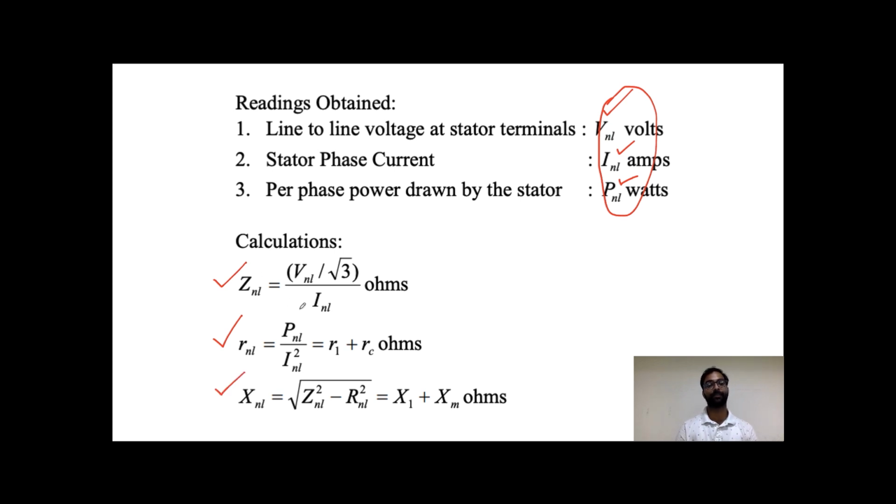We will see here. As we all know, impedance Z is equal to V by I. Since we are talking about the no load, we will take all the values at the no load condition. Here it is V by root 3, because we are taking the line to line voltage, but for the phase value of the voltage we have to divide by root 3.